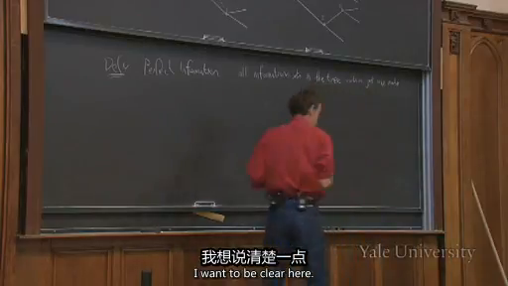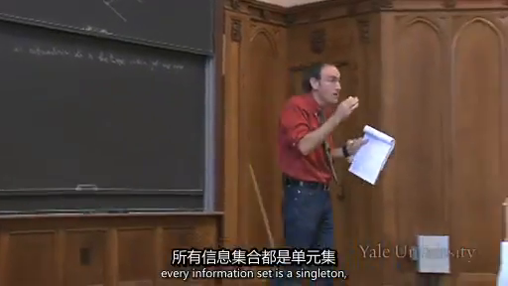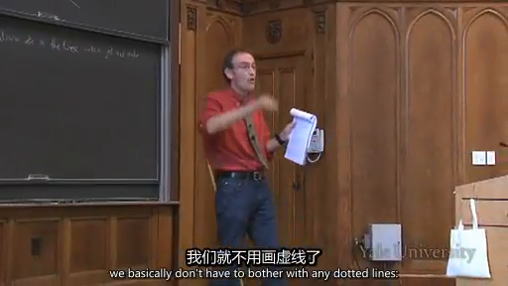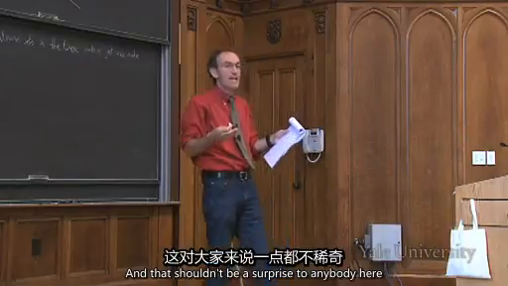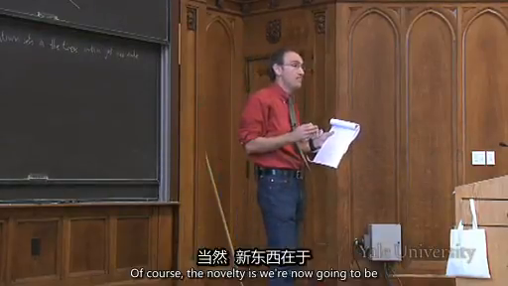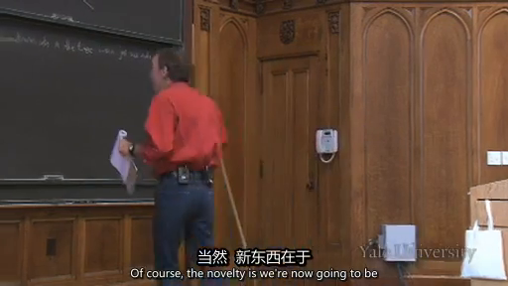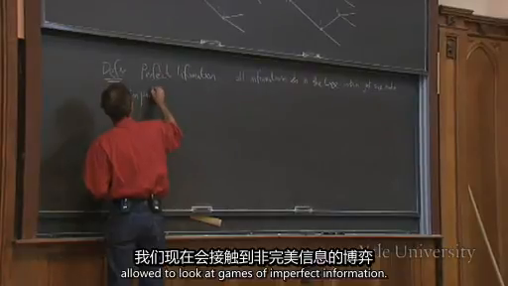All right, we'll be clear here. So what we're saying here is if we have a tree in which every information set is a singleton, we basically never bother with any dotted lines, that's a game of perfect information, and that shouldn't be a surprise to anybody here because that's exactly how we drew trees since the midterm. Is that right? Of course, the novelty is we're now going to be allowed to look at games of imperfect information.